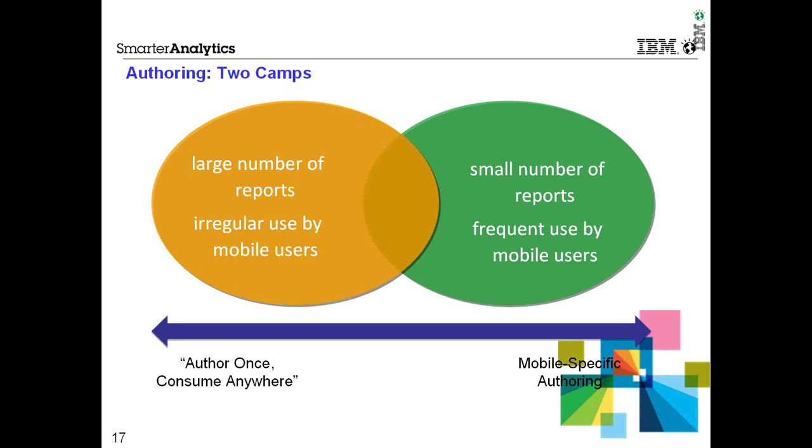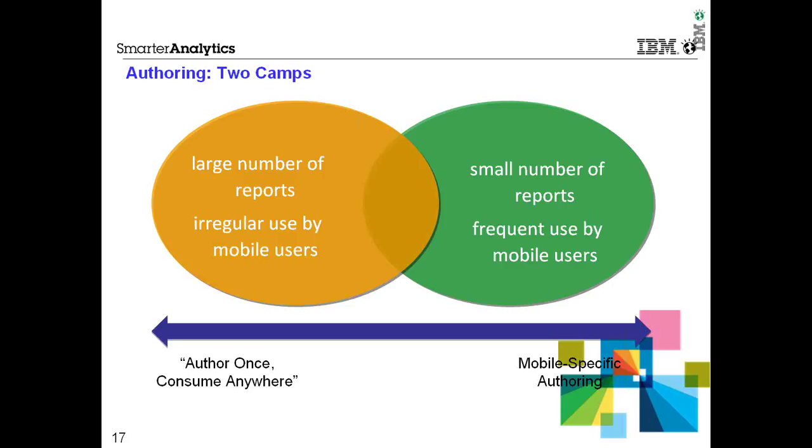If I'm creating an active report for doing analysis in an offline mode, if you go into your organization, you will see that there will be two sets of people. One will have a huge amount of reports, which will be used very irregularly by those mobile users.